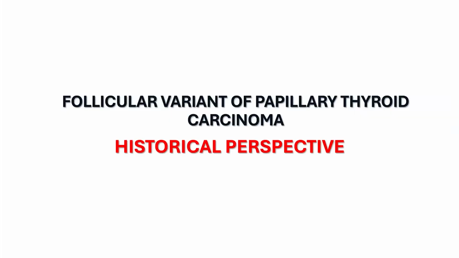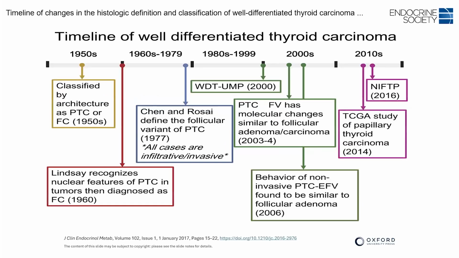So when we historically look at the term follicular variant of papillary thyroid carcinoma, we really can form a great timeline. And this was published actually, it's an amazing review that was published by Dr. Rani Hussain from Memorial Sloan Kettering, who's an amazing endocrine pathologist and especially thyroid pathologist.